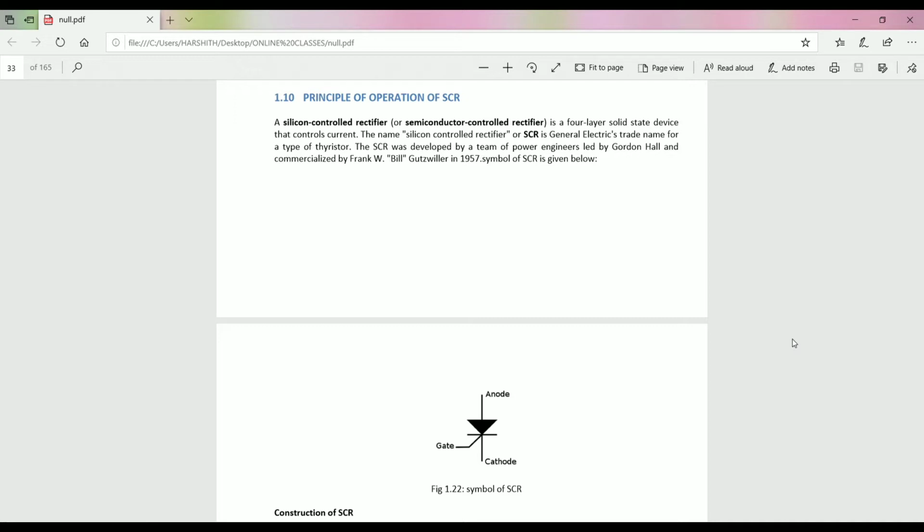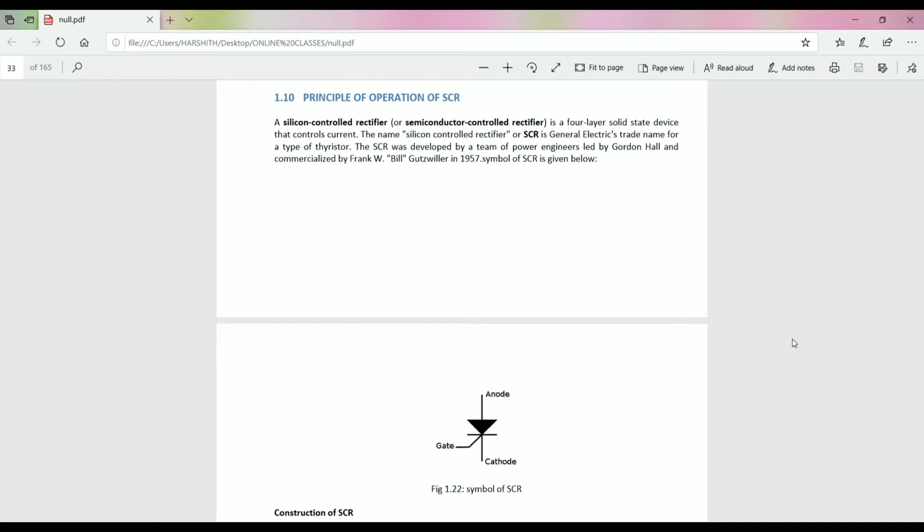Today I would like to explain SCR, silicon controlled rectifier, that is the PNPN diode, and next UJT, unijunction transistor, its construction, operation and VI characteristics, and LED, light emitting diode. First topic is SCR.